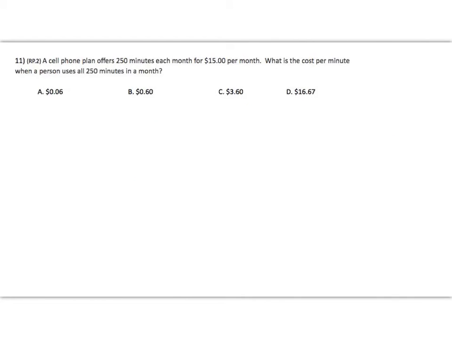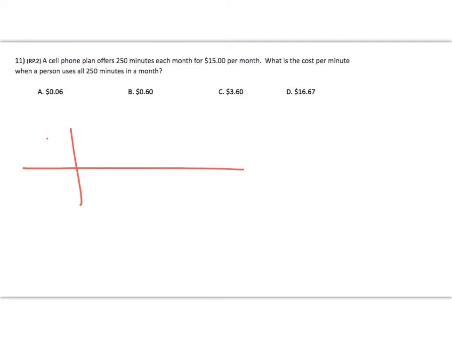Question number 11. A cell phone plan offers 250 minutes each month for $15 per month. What is the cost per minute when a person uses all 250 minutes in a month? So first thing I'm going to do is set up a ratio table. What are the two things I'm comparing?